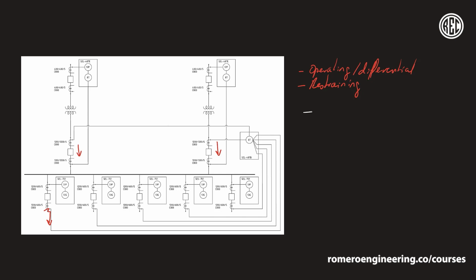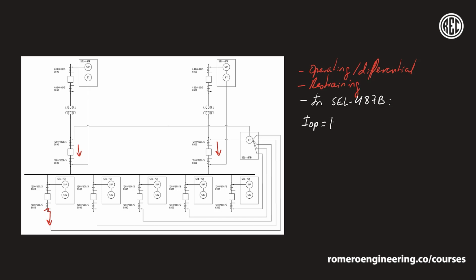So in the SEL-487B, and again, you always have to reference the instruction manual for the specific relay that you're using, the 487B defines the operating current, which I'm going to call I_OP, as the addition of the currents through each one of these CTs, and then the absolute value of that whole addition. So in other words, let's say for example that I'm taking the A phase current, and this by the way is done per phase.